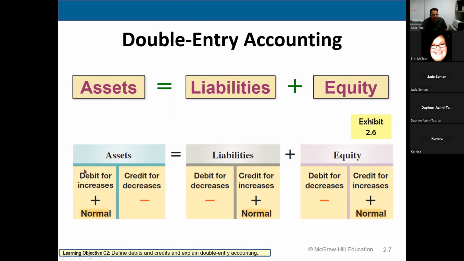So if I can just remember assets increase with a debit, decrease with a credit, and that liabilities and equity are the opposite, that helps me memorize all of these. Also recognize the normal balance is always the side of the account that increases the account. So the normal balance is a debit balance for assets and a credit balance for liabilities and equity accounts.